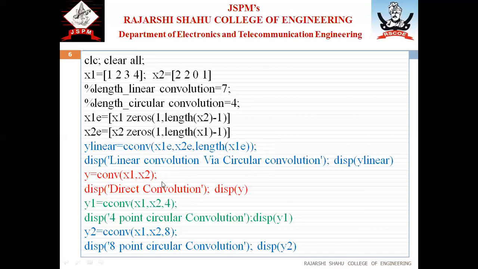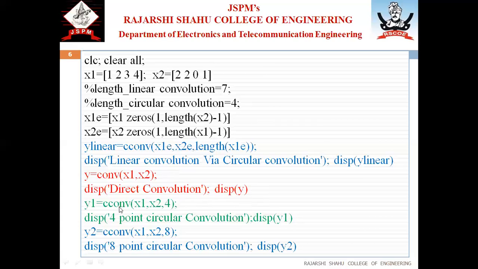Then the result is displayed here with the label as linear convolution via circular convolution. Then by using the conv function, direct convolution or regular convolution, also called linear convolution, between these input signals x1 and x2 is calculated here, and the results are displayed.